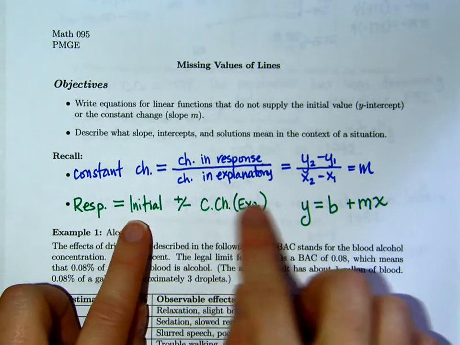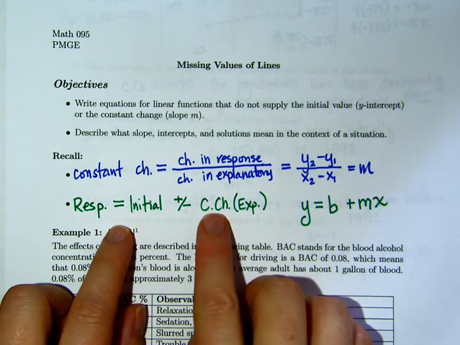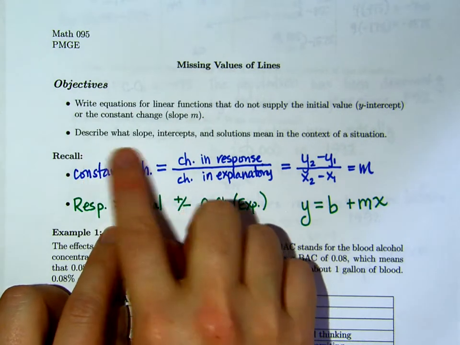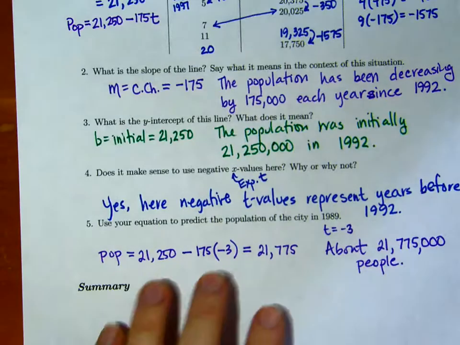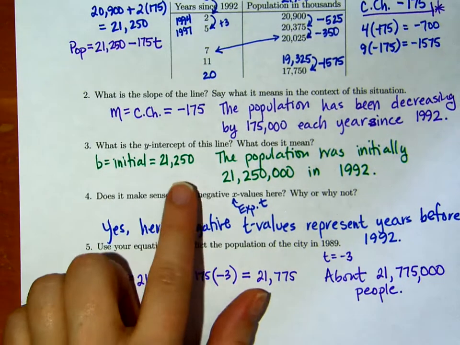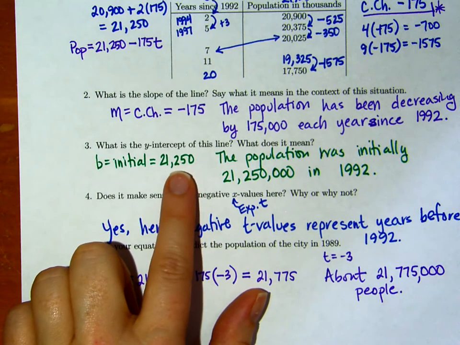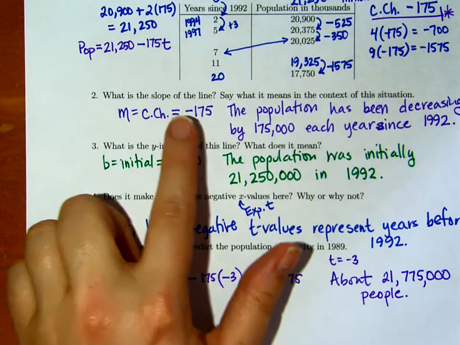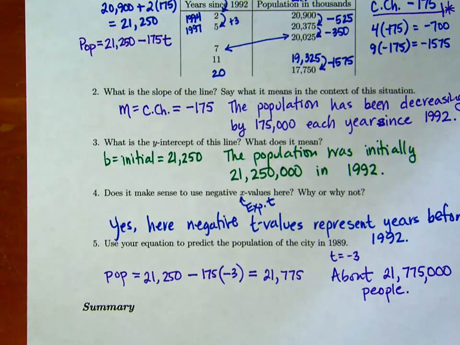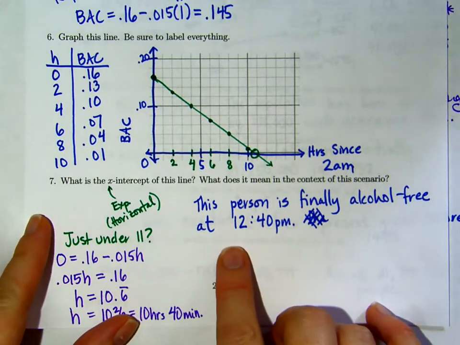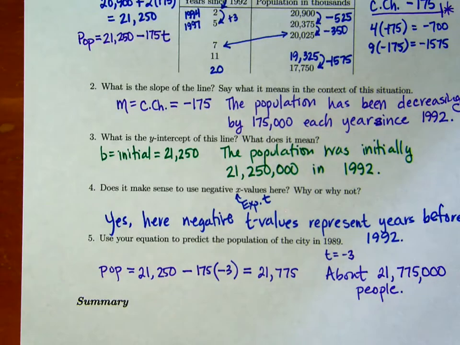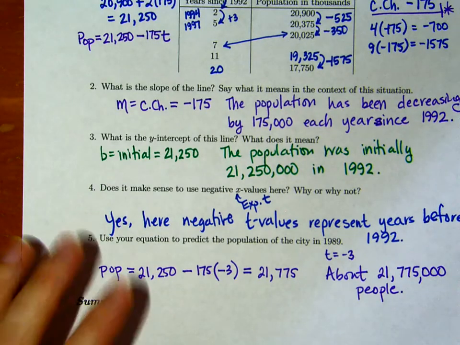And because look, our equation depends on knowing the initial and the constant change. Describe the slope, the intercepts, and the solutions and what they mean. So here, we described, here's the y-intercept, here's the slope, and then in the blood alcohol content one, we also found the x-intercept and what it meant. Yes? All right. Till the next thing we learn.